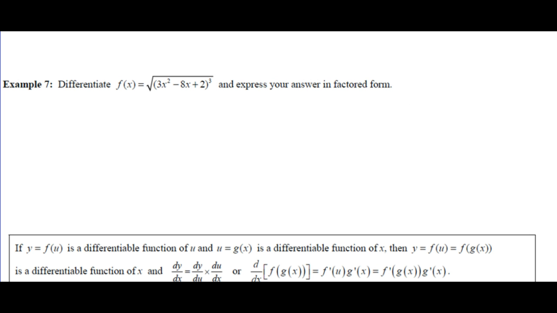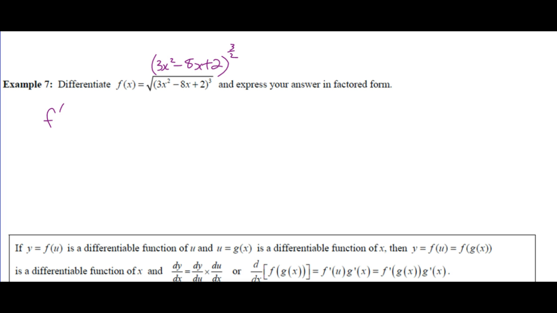There's more on this page. Differentiate f of x is equal to the square root of 3x squared minus 8x plus 2 and express your answer in factored form. So if we want to do this, we should rewrite this as what? 3x squared minus 8x plus 2 to the power of 1 half.